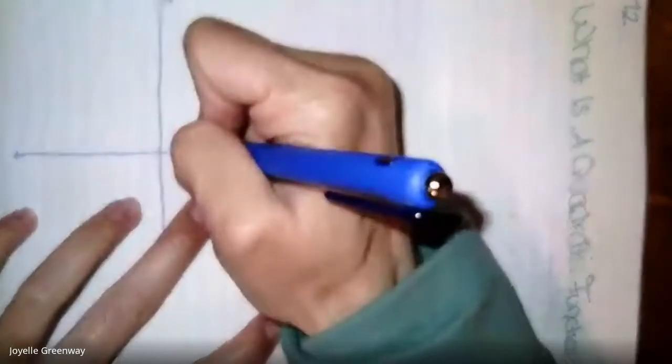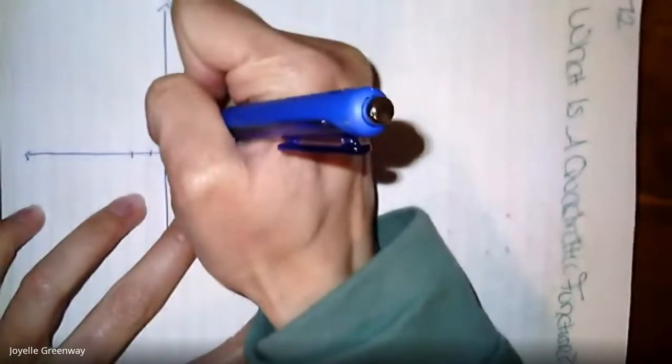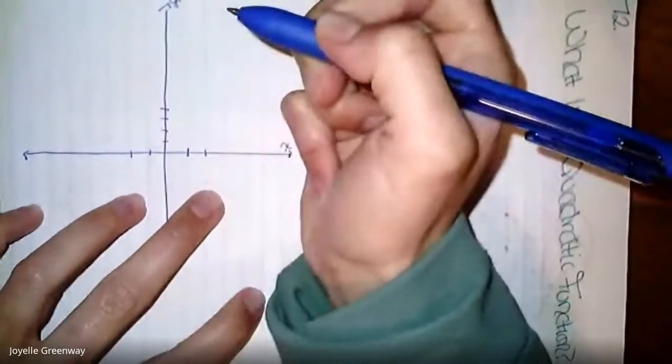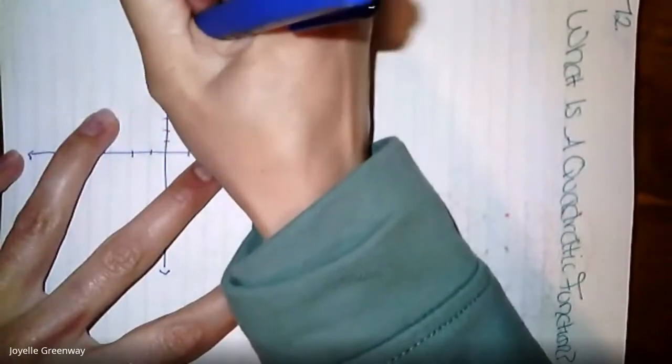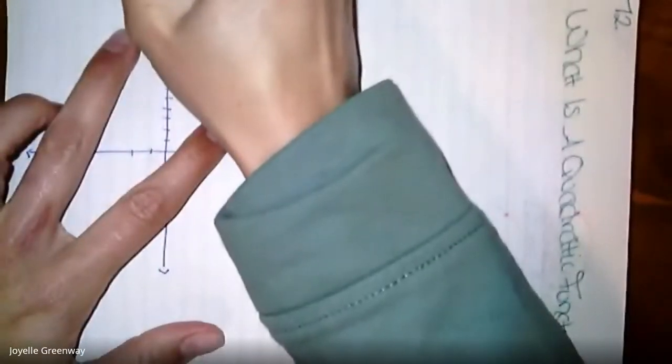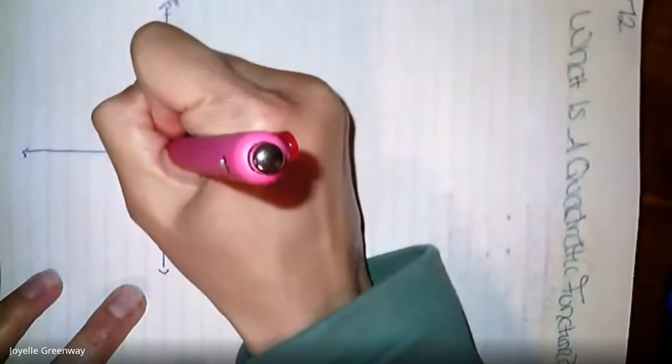Okay. So we just need plus and minus 1 to 2. So the next thing we're going to do is we're going to put a dot or a point on the vertex.